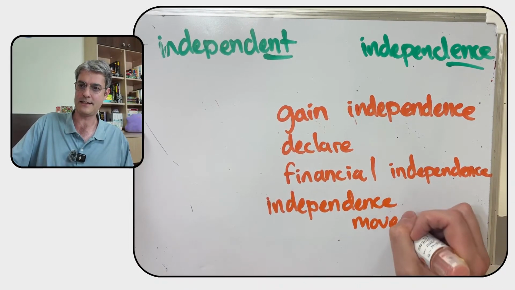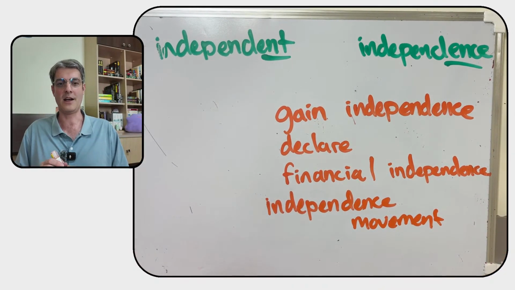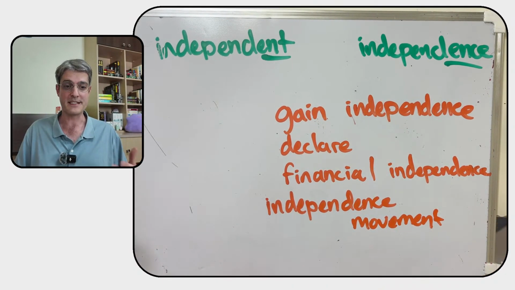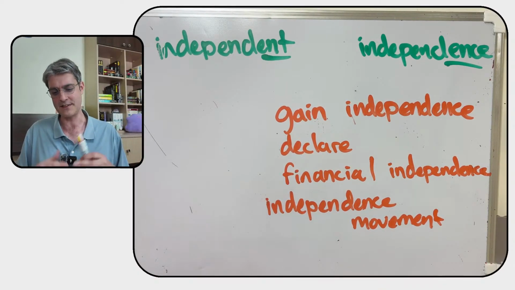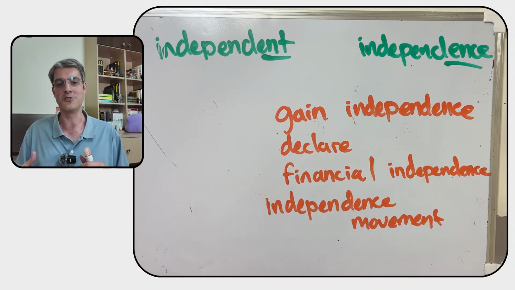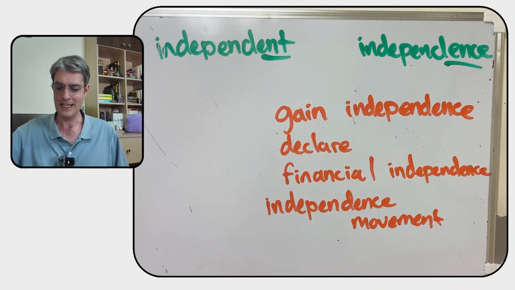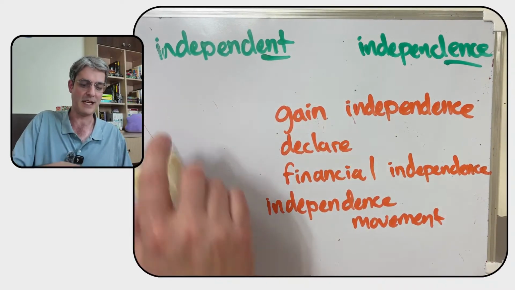All right, and this is when a group of people want to govern themselves, form their own government and not be controlled by a foreign rule, a foreign power, or a colonial power, or a larger state. So there might be an independence movement to break away part of the country from the rest of the country.